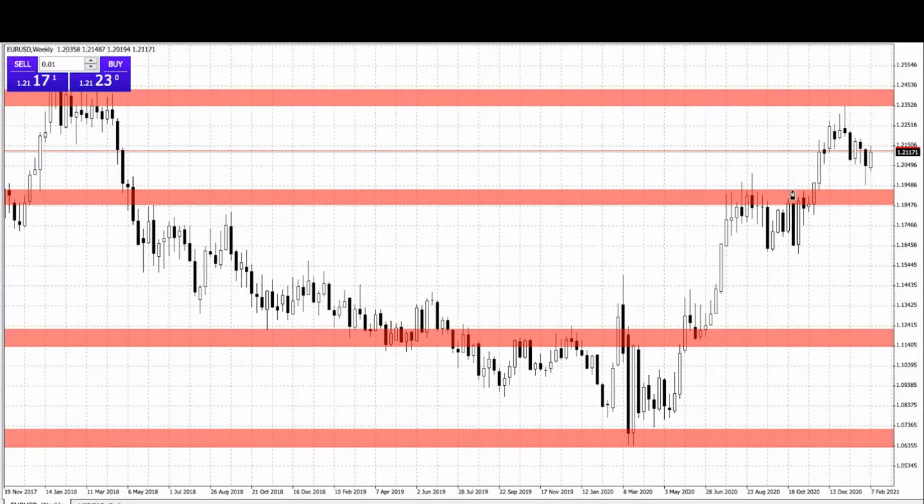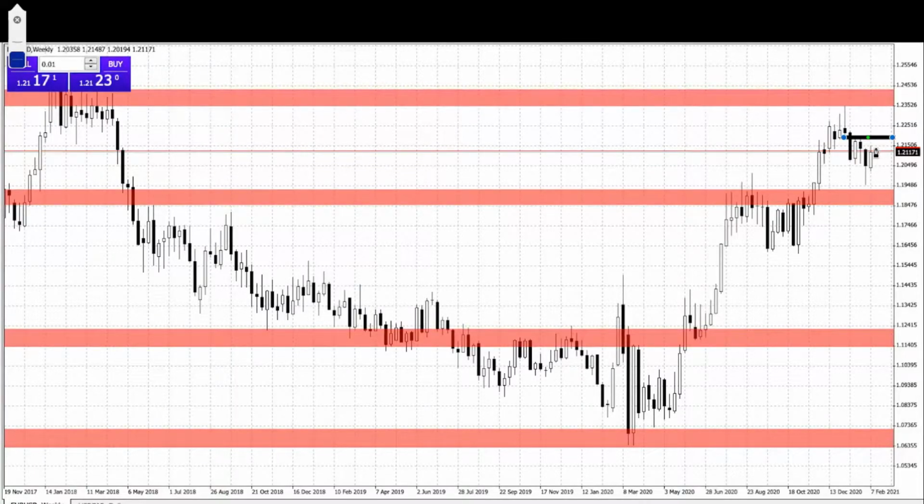But to be more cautious, we can still anticipate that the price still has to retest this zone. So in this coming week, we'll be waiting for the price to form either a lower high or a higher high from this.